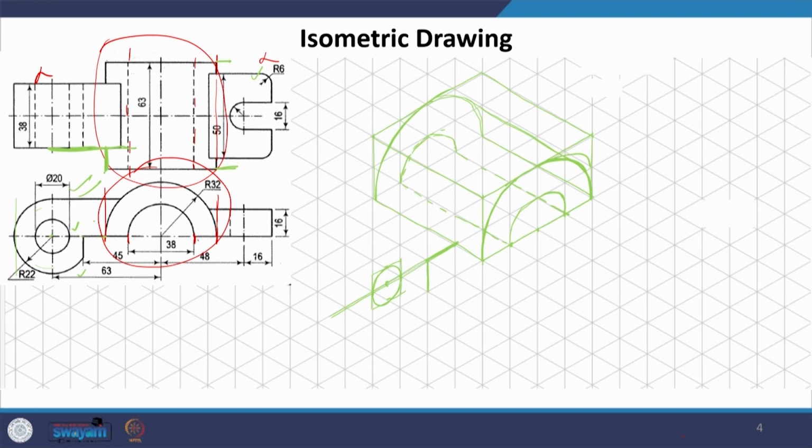Now, the center remains the same and we have to draw the remaining part of the circle. So, you assume what the size of this one is going to be.